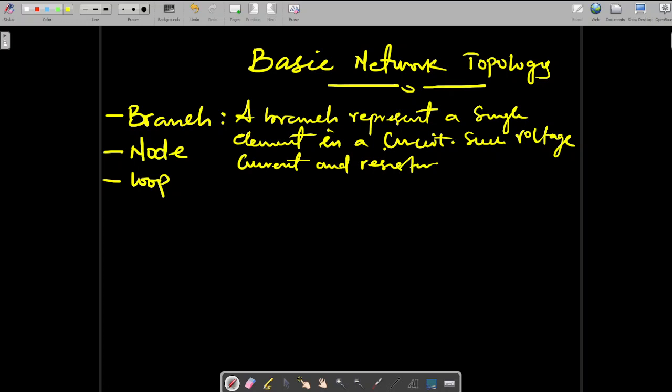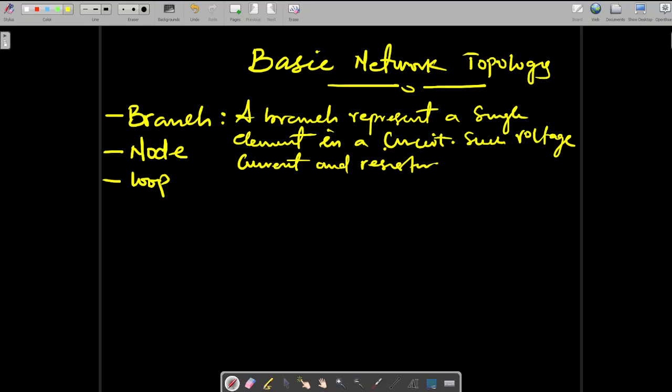So these are what we refer to as branch. If you don't want to call it branch, you can as well call it a load, or an element in a circuit. Are we together now?